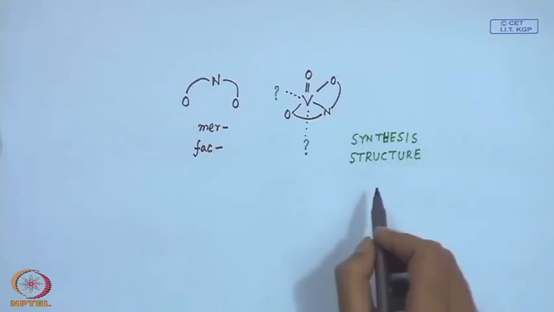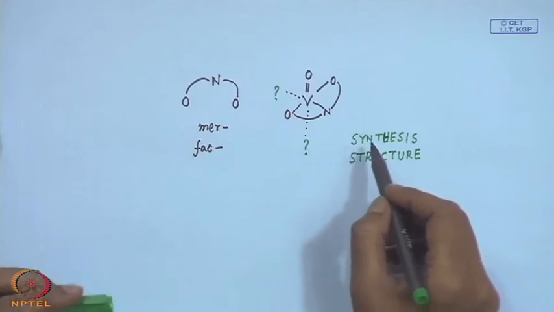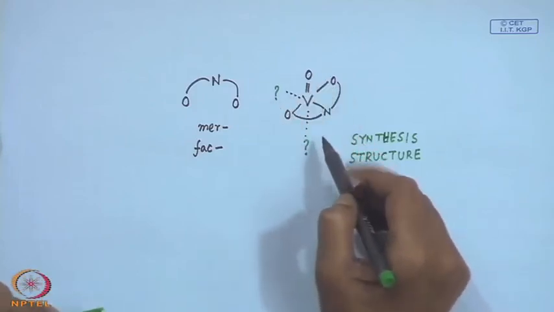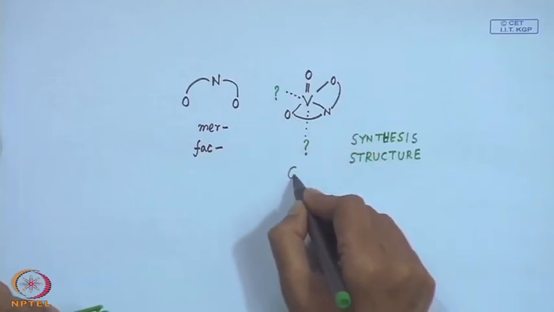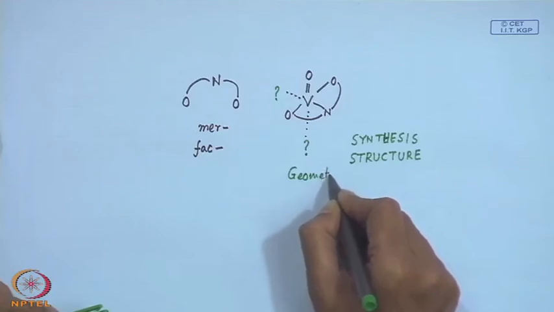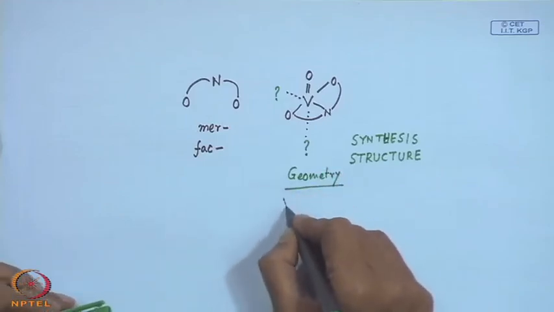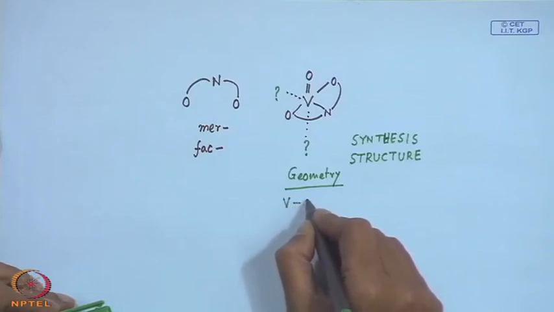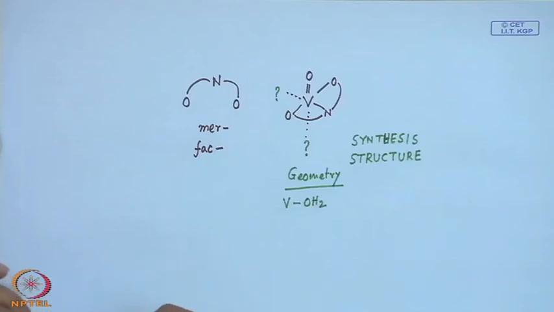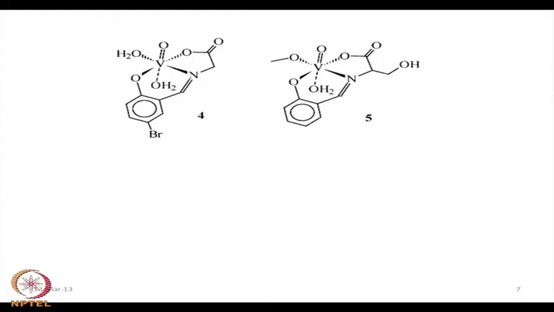So, once we determine the structure, basically why do we do the structure? Because we want to know the corresponding bond distances, angles, and finally, the geometry of the overall molecule. So, the geometry basically tells us what sort of bond we have if we just consider only the vanadium-water bond.